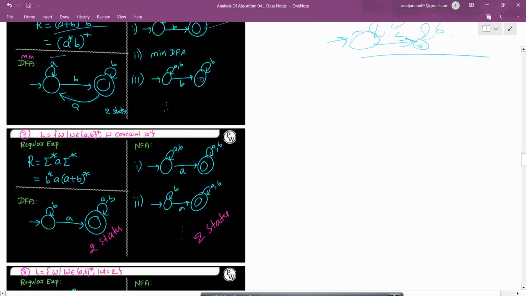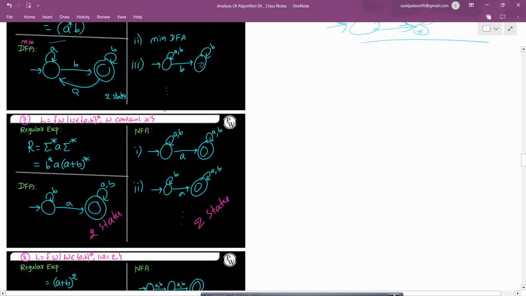No NFA is there. So regular expression that contains A. So also for this, but we can do that here, comma B, A, comma B. This is the very interesting case. Two states.